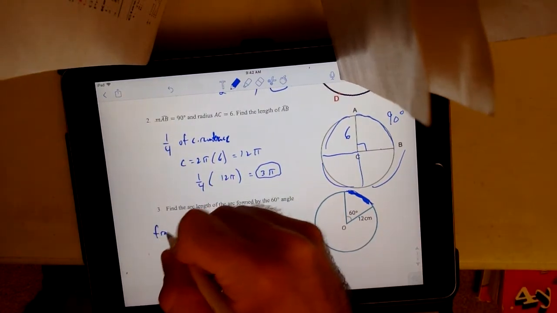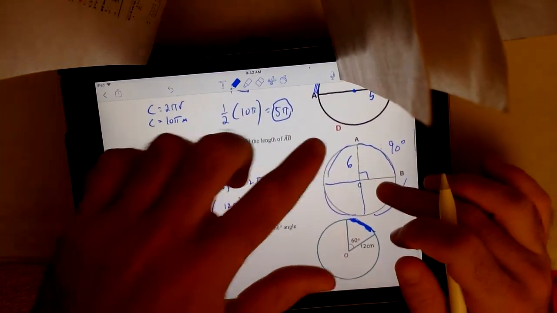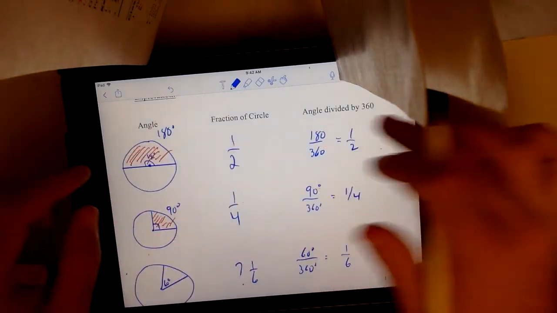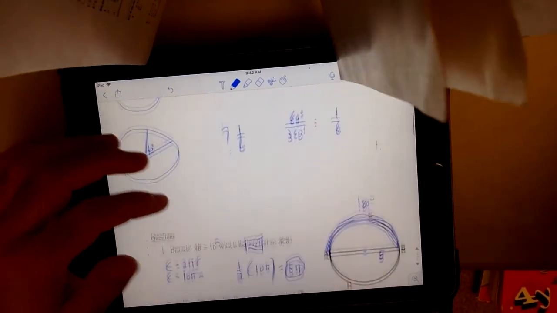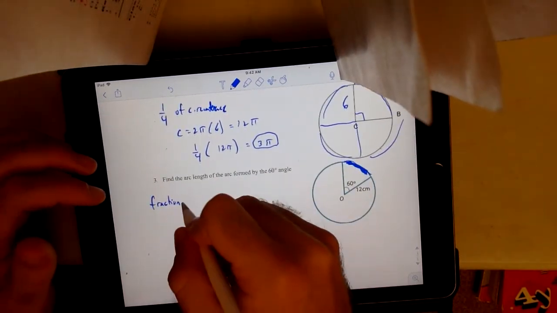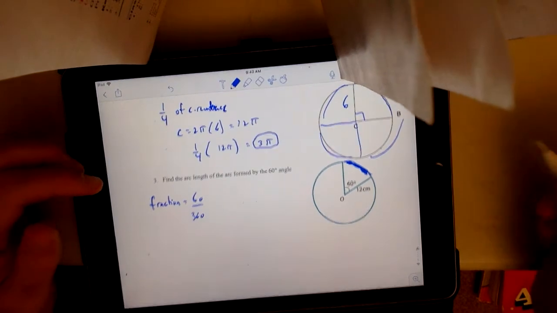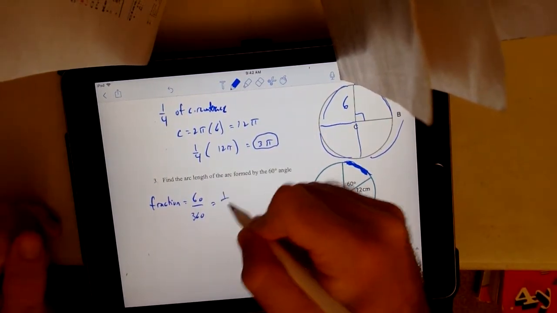Before we were eyeballing it, that looks like a quarter, that looks like a half. It was this column. We take the angle and divide it by 360. So the fraction is 60 divided by 360, which is 1/6.